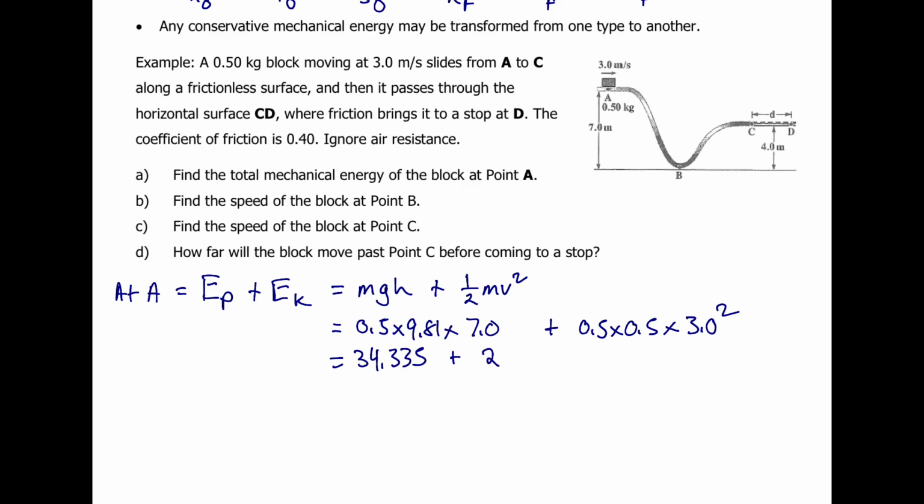Really? Yeah, it's not very fast. 2.25. Cool. Altogether, 36.585. I'm keeping all those, and over here I will go, energy is going to round to 37 joules of energy as a final answer.